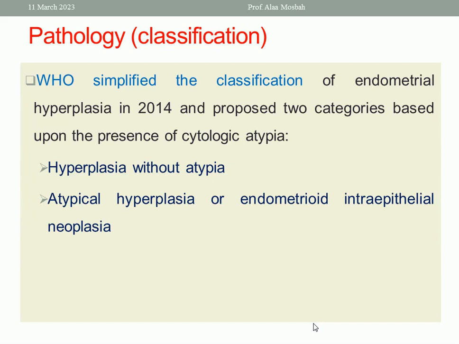As I mentioned before, WHO simplified the classification into hyperplasia without atypia and atypical hyperplasia, or endometrioid intraepithelial neoplasia.